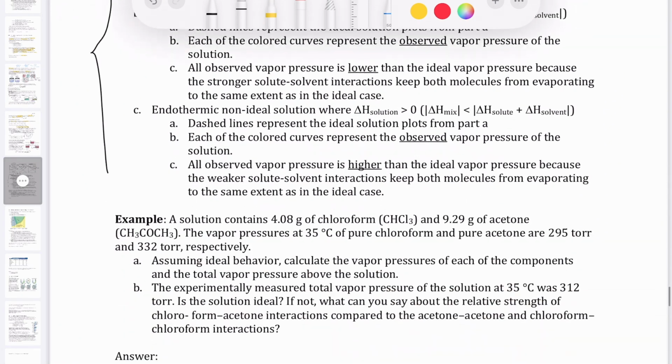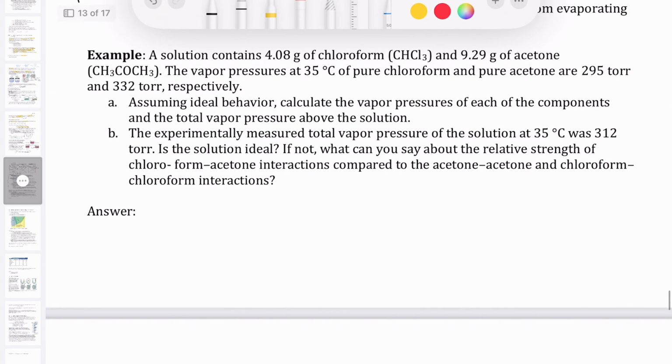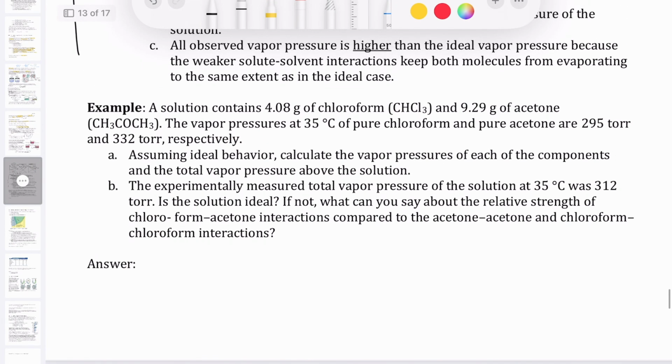Now we're going to take a look at an example to help us analyze what kind of non-ideal solution we're dealing with. So here we were told that we have a solution containing some mass of chloroform, gives us a formula there, and then some mass of acetone, also gives us the formula. The vapor pressures of pure acetone and pure chloroform are also given, and what we have to do is first calculate the ideal total vapor pressure.